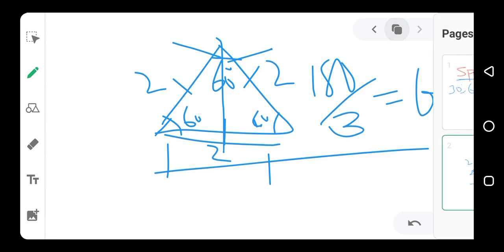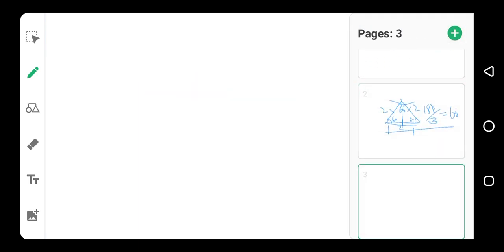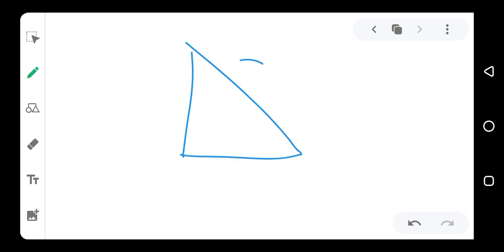So we are now going to get something like this, where this place is 2, this place is 1. We have divided the 60 into 2, so we have 30 here.